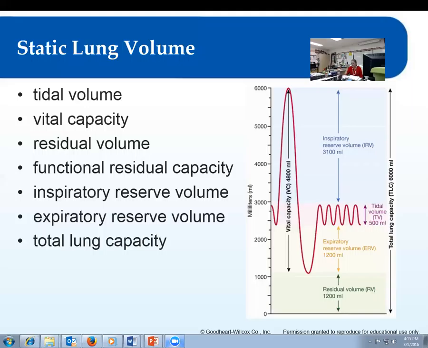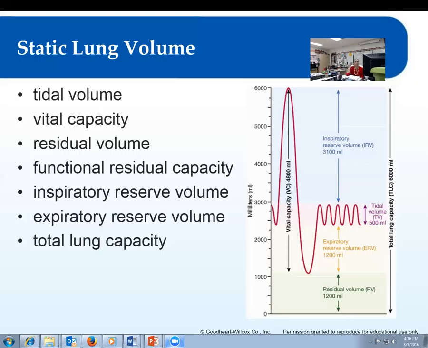The amount of air that can be inhaled immediately after a normal inspiration. So you breathe in, and then you force yourself to breathe in more. The difference between the most you can breathe in and your normal amount of breathing in gives you your inspiratory reserve volume.